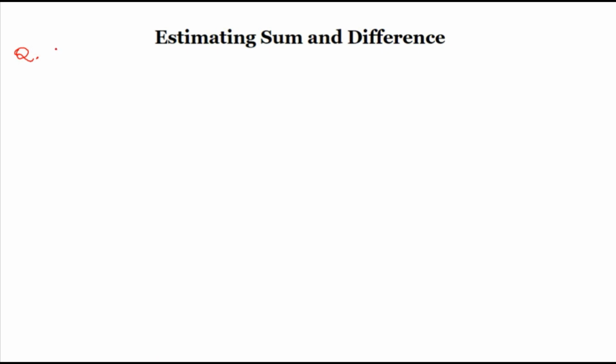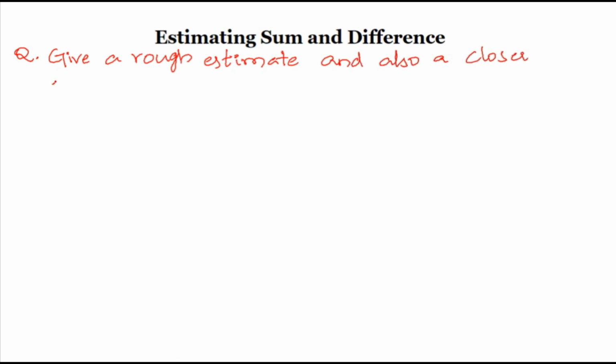Question is, give a rough estimate and also a closer estimate of 4,89,342 minus 48,365.